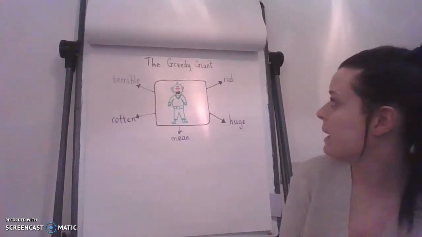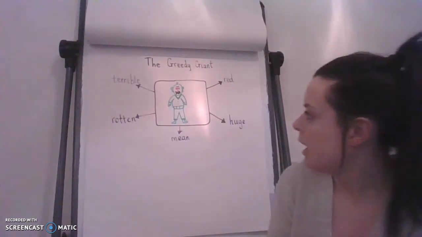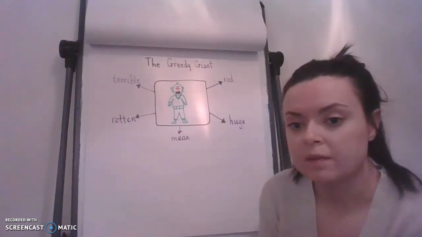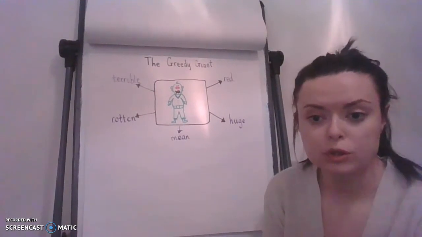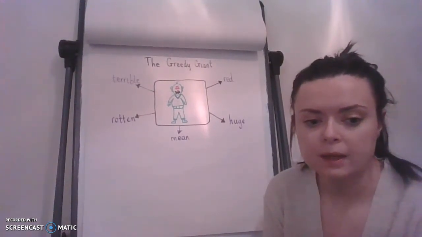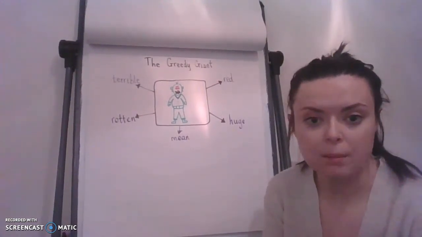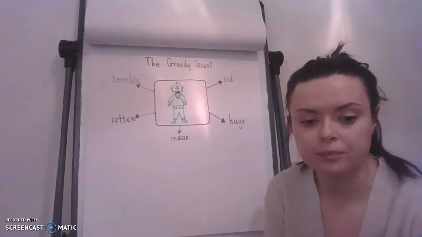So having a look at my greedy giant, I want you to help me think of a sentence to describe the greedy giant. Okay, so I want you to just pause me and think about what Miss Husband could write about my greedy giant. Off you go.